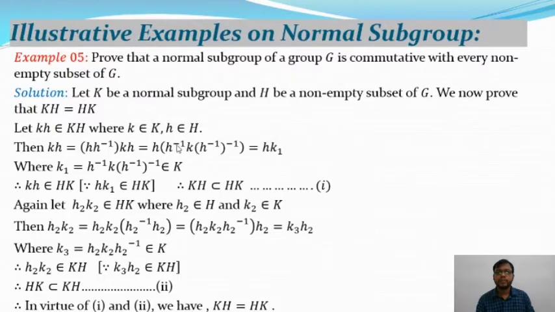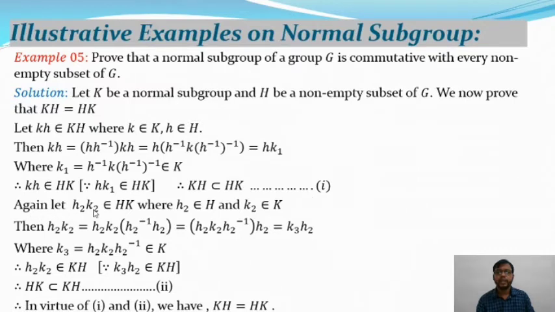Therefore from this we get kh is equal to h into k1, and we know that h inverse k h inverse of inverse equals k1, and it also belongs to K. So therefore kh belongs to HK, where h k1 belongs to HK. So therefore KH is a subset of HK, and we call it equation number 1.